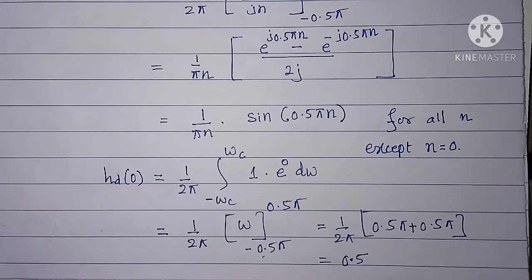Now we will calculate HD of n for n equal to minus of n minus 1 by 2 to plus of n minus 1 by 2.